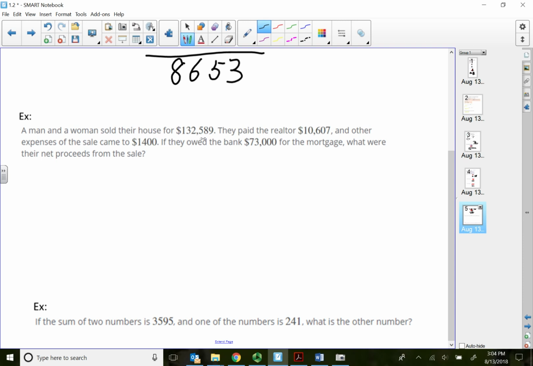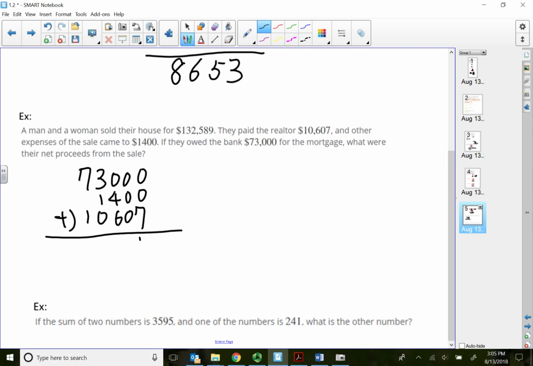That's just my personal preference. So I'm going to take my 73,000 plus the 1,400 plus the 10,607 first, and this is the money I need to pay out. 7, 0, 10, 3, 4, 5, 7, 8. So I need to pay out $85,007.